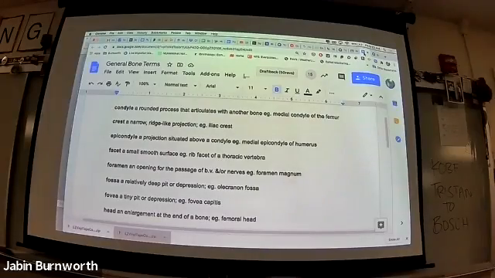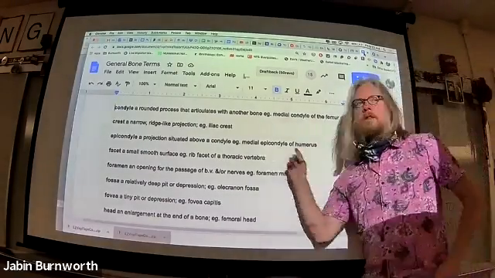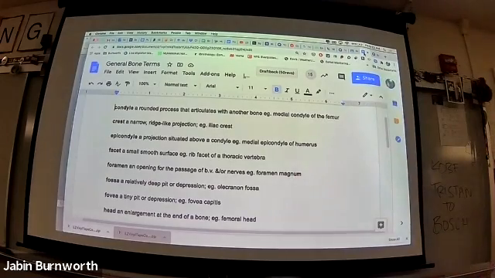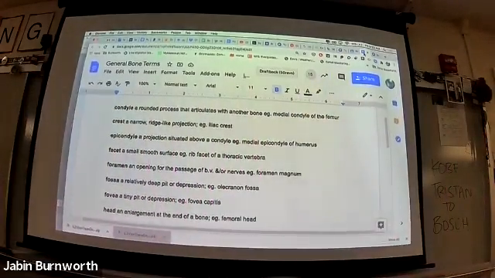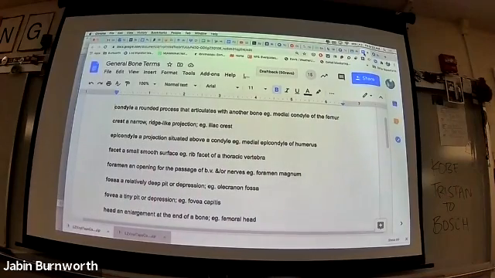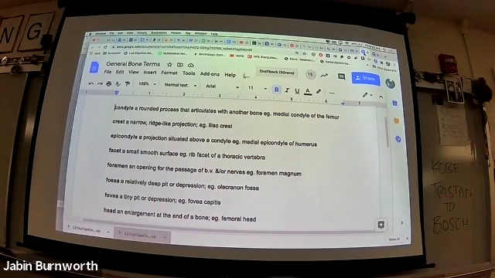I did not have the humerus learn the medial epicondyle. I've thought about doing that. I keep adding more each year, and maybe by the time I finally retire, I will do all 250 terms. I don't know. But right now, this is what we got.